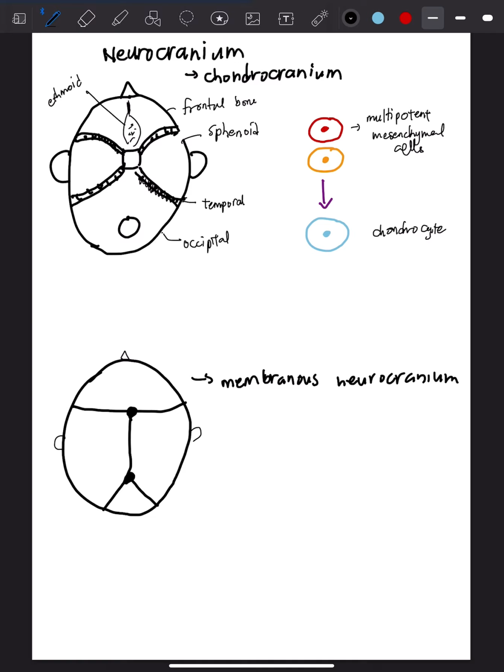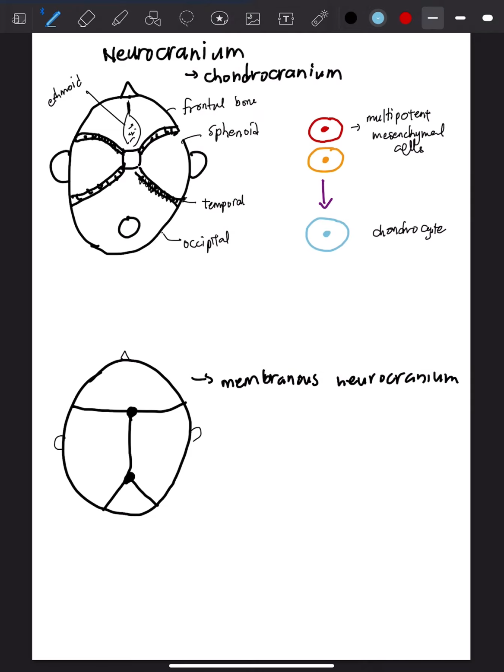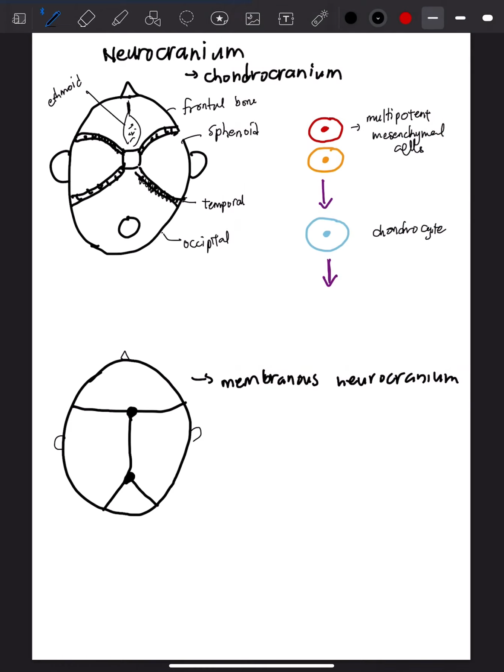And once you have that base structure, only then will it differentiate again, to eventually become bone, and this is going to be your osteoblast.